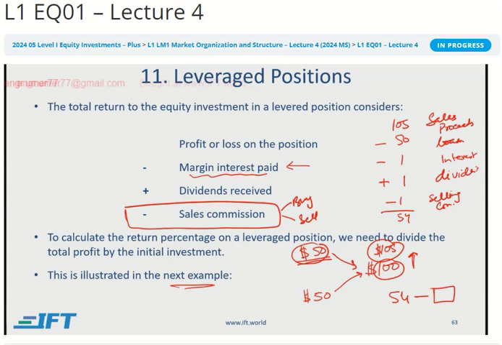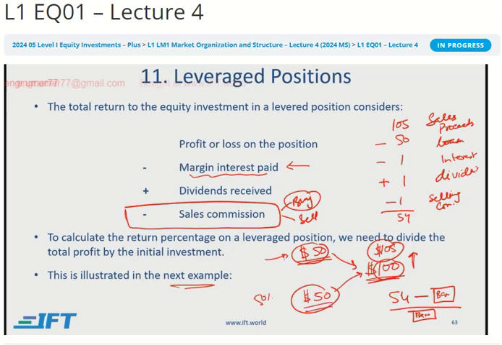What was the beginning investment, and divided by the beginning investment? Now you must be thinking, yeah, of course we know what the beginning investment is. It's $50. Yes, but what about the buying commission? Because when you go to buy this, the broker will say the position is 100. Let's say 50% is the margin, initial margin. So you put down $50, and we'll give you $50.